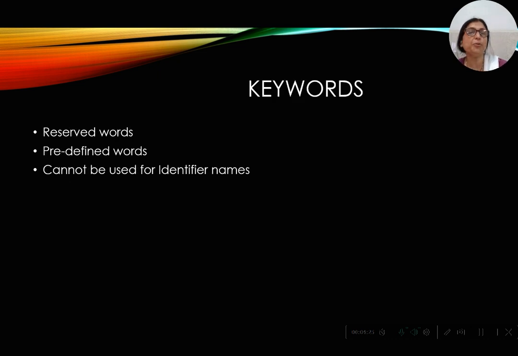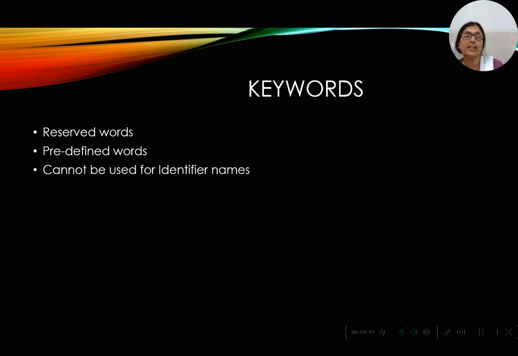Now, keywords. From the term we understand these are very important words for the Python language. They are reserved words. Reserved word means it has a predefined purpose, so these are called predefined words.